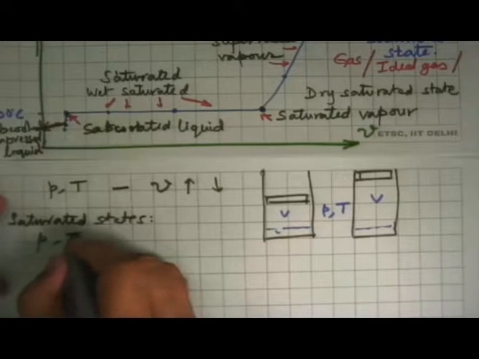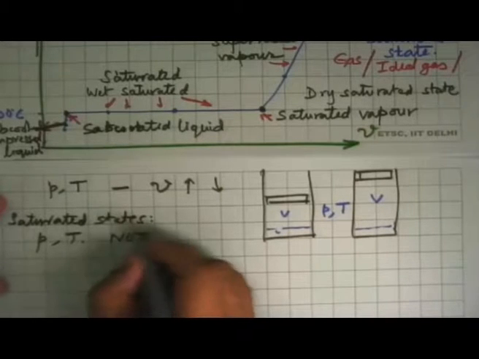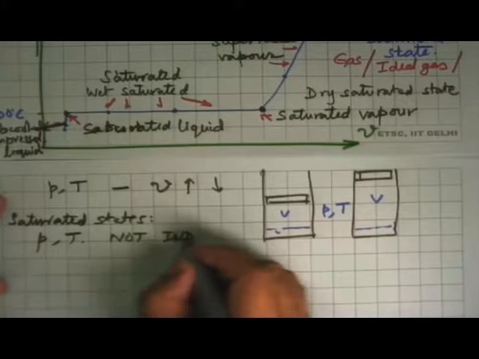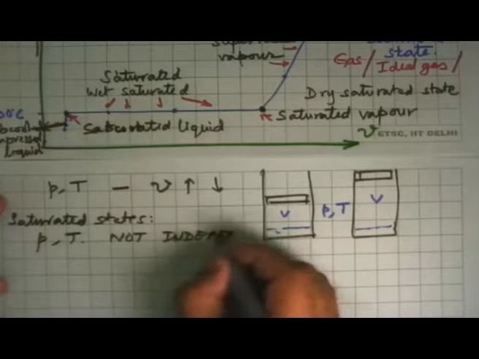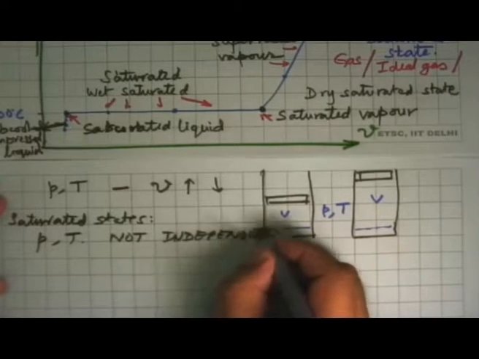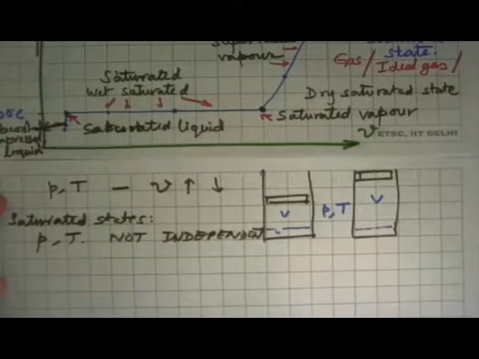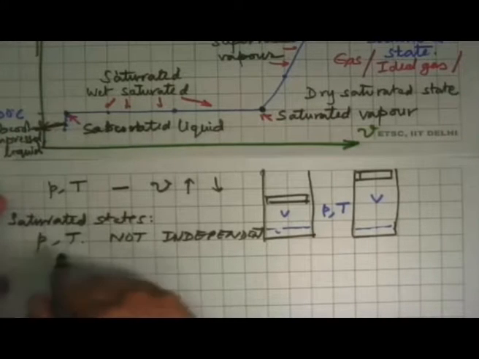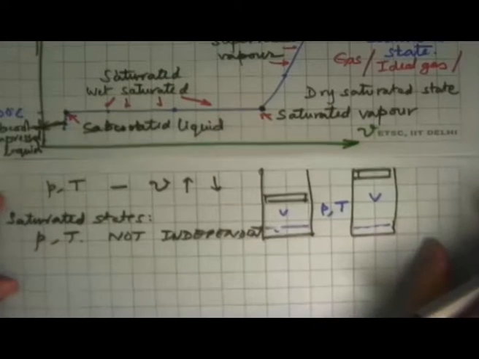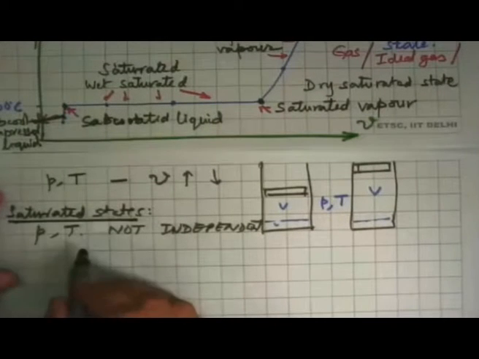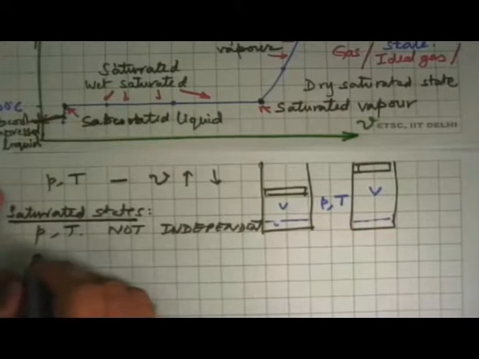pressure and temperature are not independent of each other. There is a one-to-one correlation between pressure and temperature, but that's only in the saturated state. That means if you ask, well, what is the temperature? Say, 100 degrees Celsius.